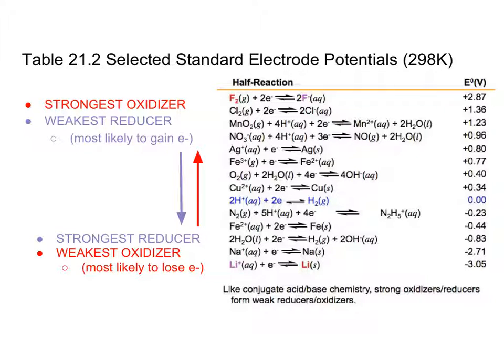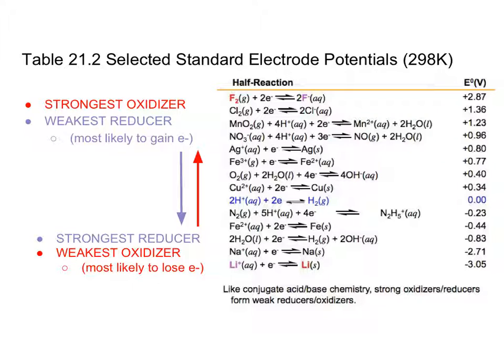If we identify something to be a strong oxidizer, by contrast, it will be a weak reducer. And if something is a strong reducer, by contrast, it will be a weak oxidizer. This is very similar to how we viewed conjugate acids and bases, so you just have to keep that in mind.